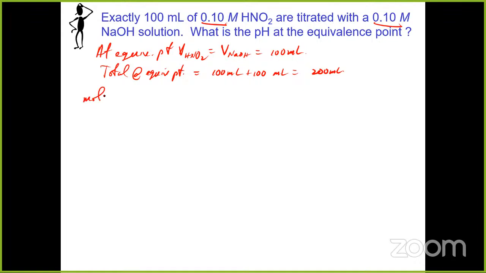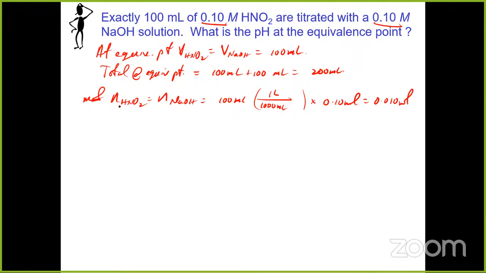So the number of moles of HNO2 would be equal to the number of moles of NaOH, which would be equal to 100 mL, convert to liters, so that's 1 liter over 1,000 mL, multiplied by the molarity, which is 0.10 moles, and that would give 100 times 0.1 divided by 1,000. So that'll be equal to 0.010 moles.